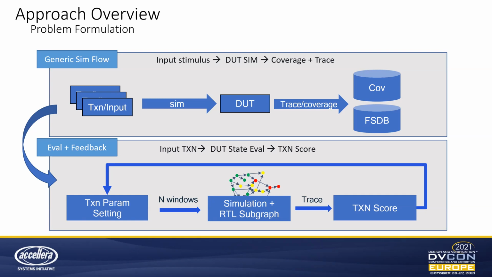With respect to coverage, this graph describes the relationship of signals to signals and signals to cover points within RTL. This provides a scoring mechanism for input stimulus to map to coverage goals. With this evaluation, we aim to construct a method to generate a feedback loop to direct stimulus generation. And this stimulus generation is aimed to be best suited to our specific coverage goals.